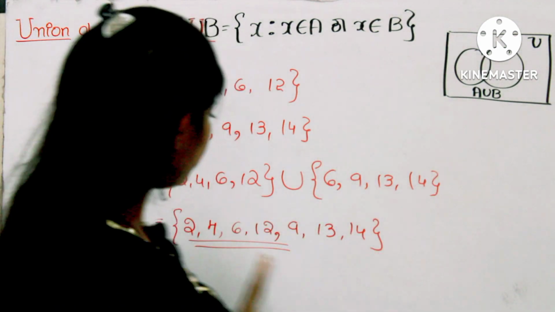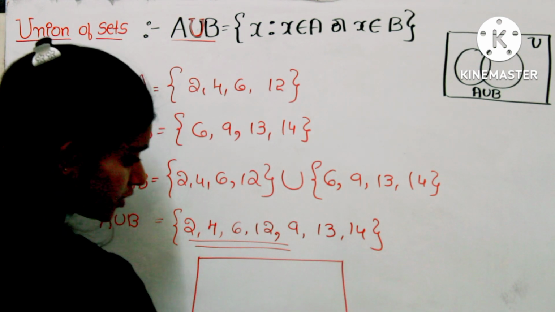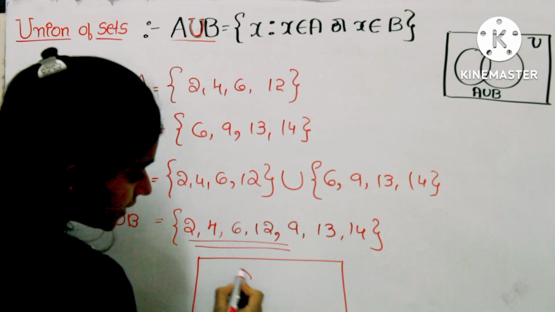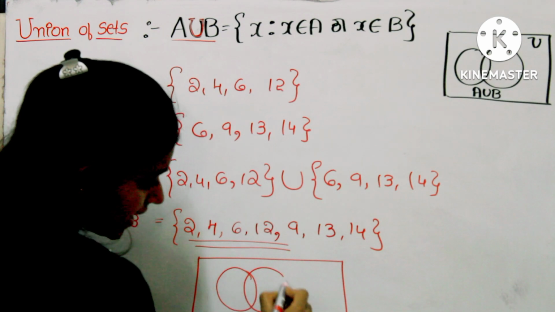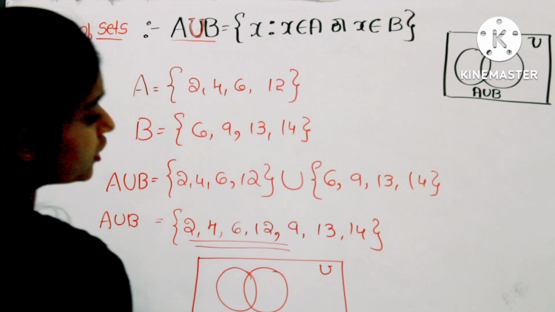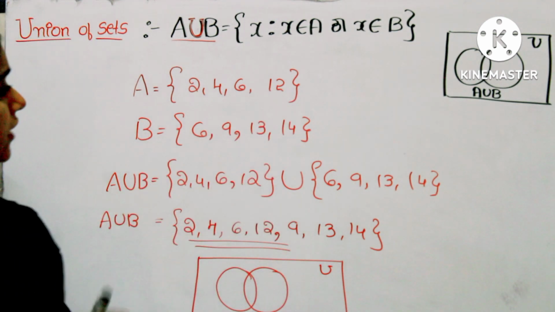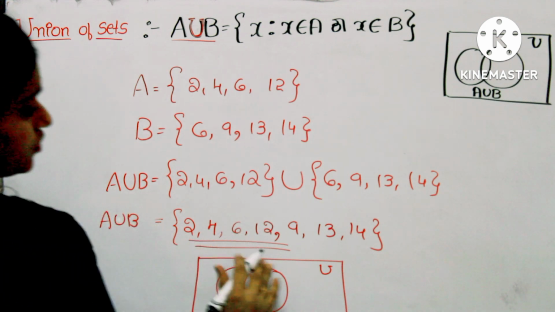And if we draw the Venn diagram for this example, how is it? See, this is the A circle and this is the B circle. We have two subsets, and this rectangle represents the universal set. Here we did not take any universal set, so let's draw it.